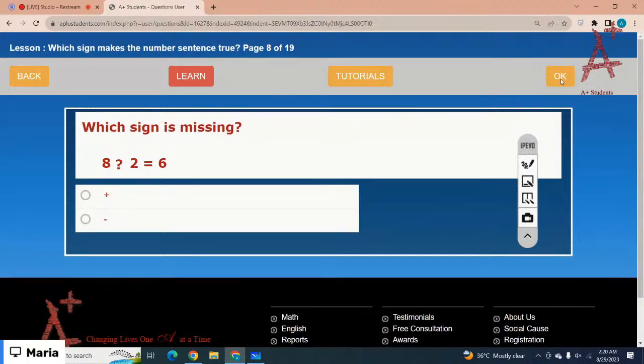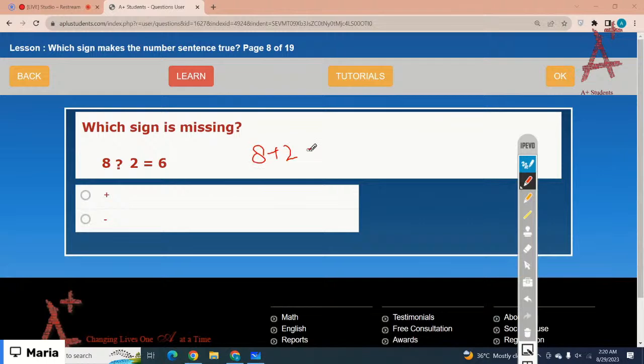The next one is 8 and 2 equals 6. Which is the correct option? You have to add or subtract. When you add them, 8 plus 2 makes 10, right?